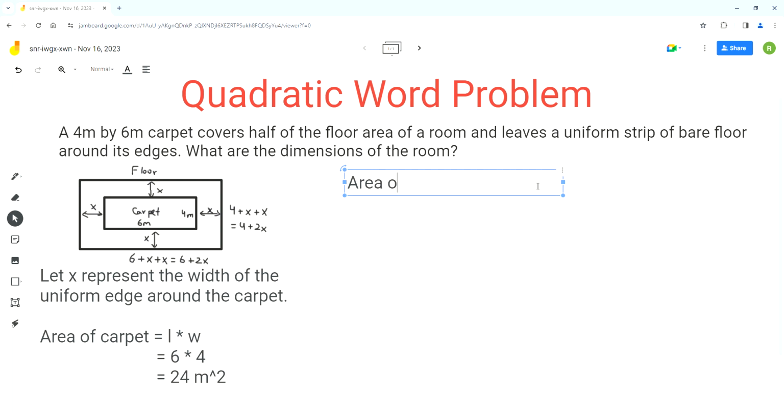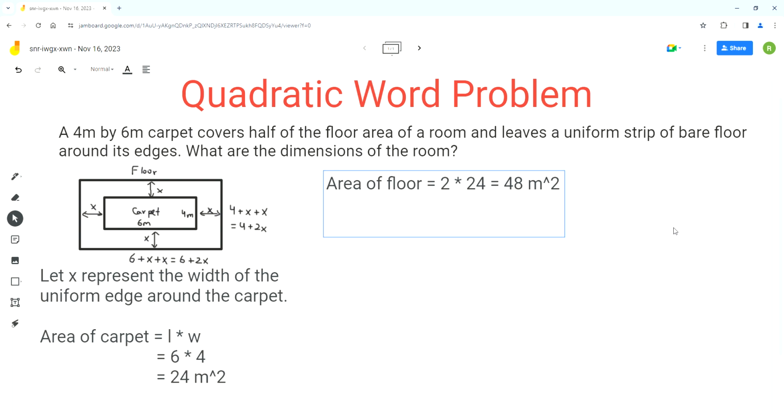Area of floor equals 2 times the area of the carpet, which is equal to 48, and it will be the same unit, meter squared. So now we have the value of the area of the floor. We also have the dimensions of the floor in terms of x. Now we can write an equation for the area of the floor with x, and we'll use that equation to find the value of x.